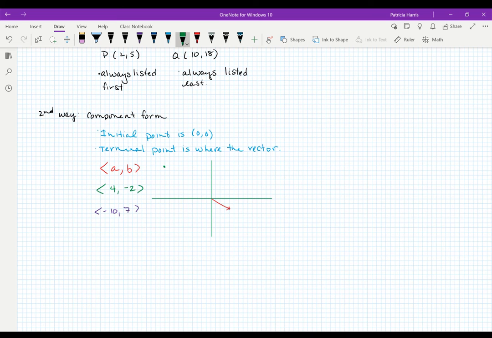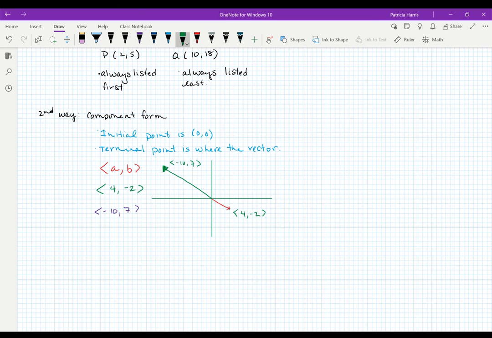So that would be your vector right here. Like that. So this is the vector 4, -2, and this is the vector -10, 7.